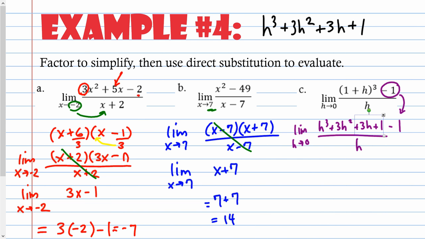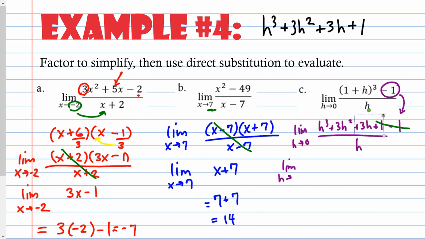Okay. So I need to simplify this somehow because I'm trying to solve this. I can't plug in h equals 0 because then I end up with a 0 in the denominator. But I do see, oh look at that. The plus 1 and the minus 1 cancel each other out because they equal 0 in the land of math.